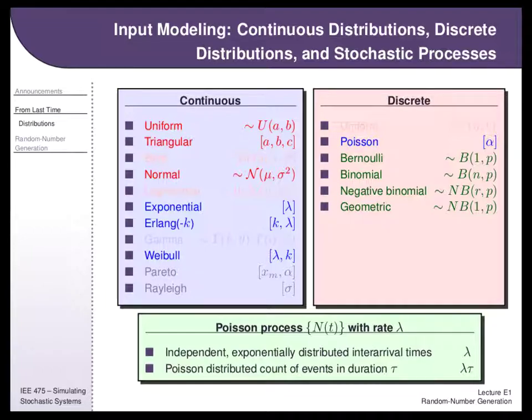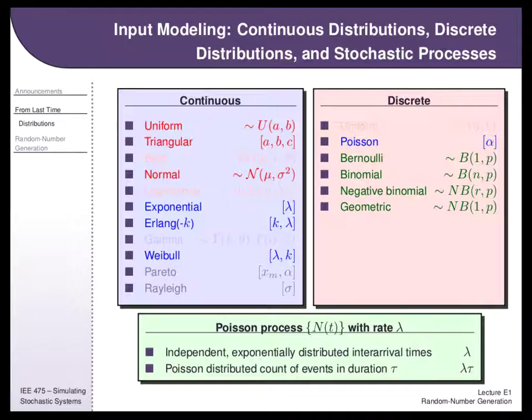One of the things we say is that in a Poisson process, the time between events is exponentially distributed, and we usually give a rate parameter lambda. So that's the rate parameter associated with the Poisson process. It turns out it's identical to say that for any duration tau, the count of events during that duration is Poisson distributed with a parameter lambda times tau.